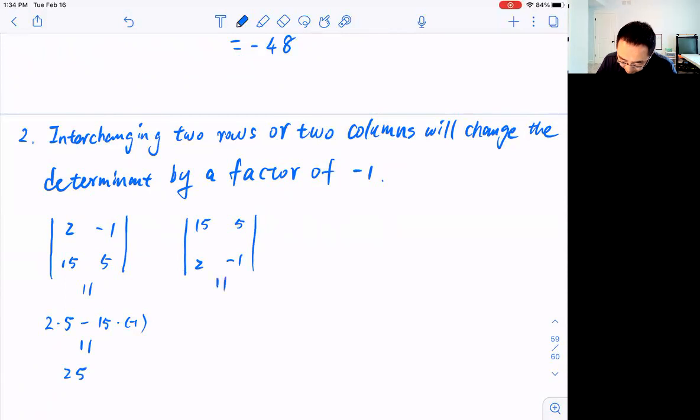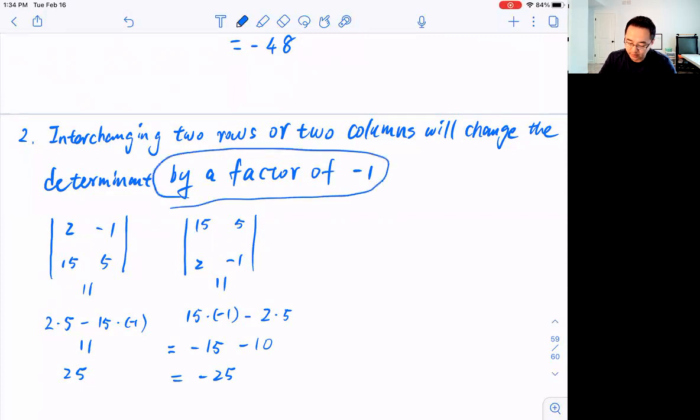And then this equals 15 times -1 minus 2 times 5, which is -15 minus 10, and that is -25. So by switching the two rows, you have changed the determinant from 25 to -25, or by a factor of -1, okay?